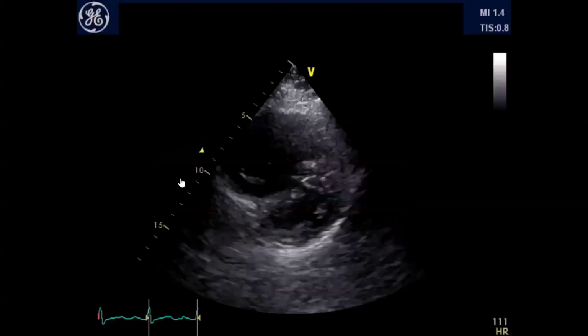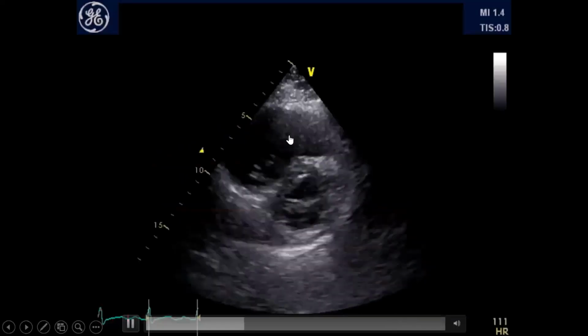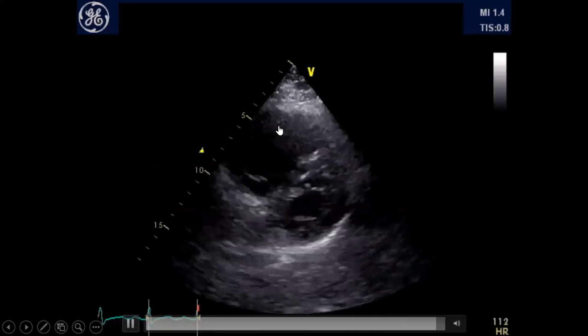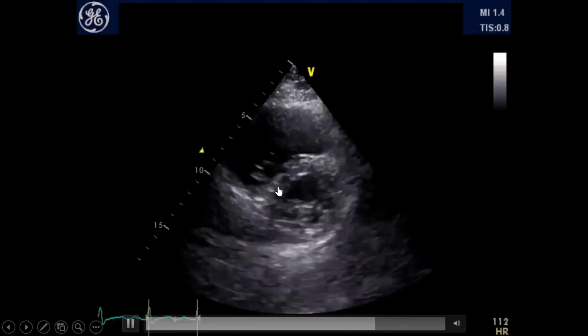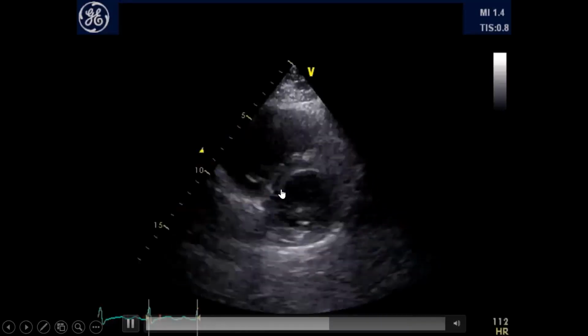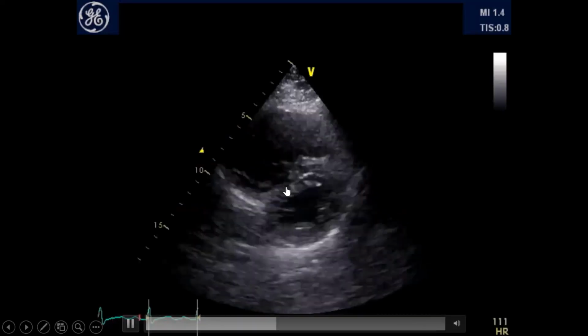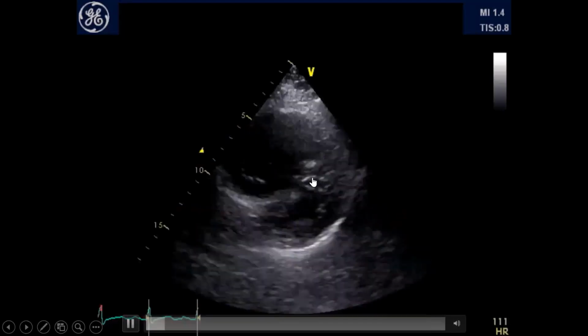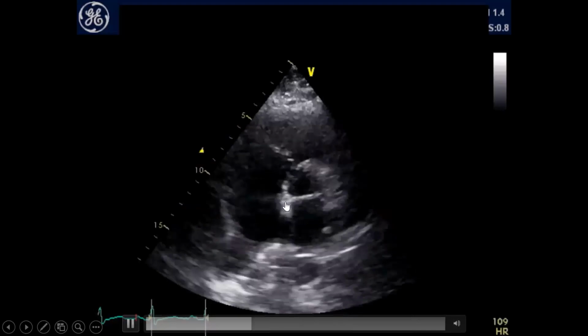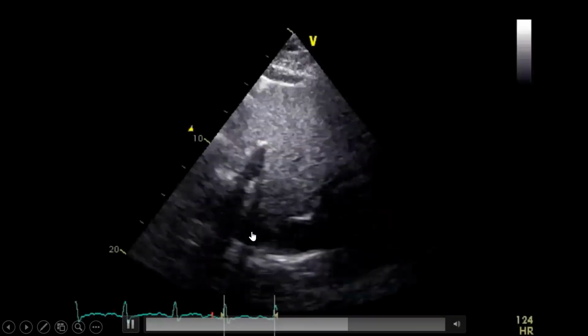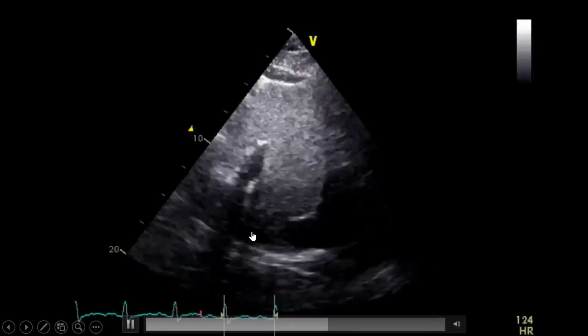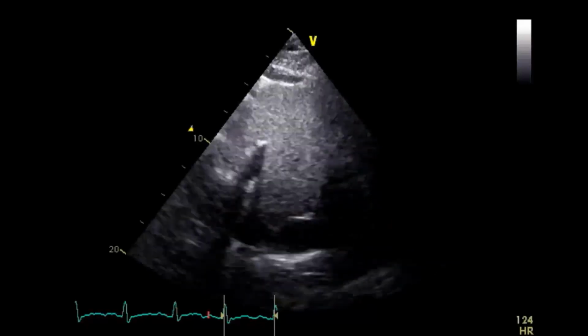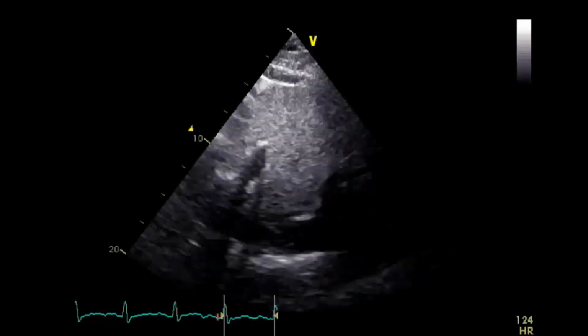Coming to the echocardiography, as you see here, the RV is very big, severely dilated, so the septum is flattening during systole, indicating pressure overload. The left ventricle is normal size, contracting, the basal segment is okay. Here we see the hepatic veins are dilated, and the inferior vena cava is dilated and not collapsing.